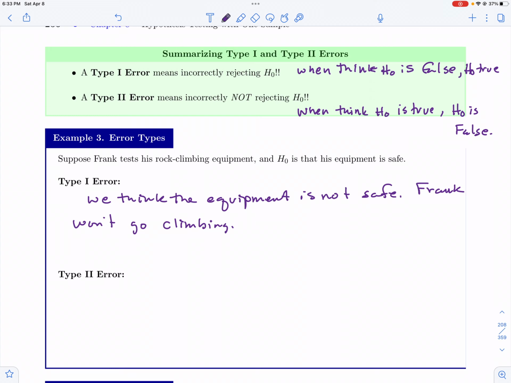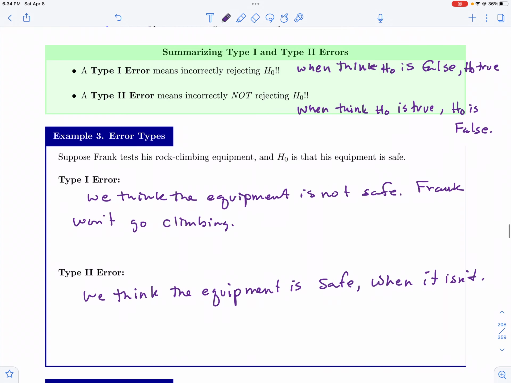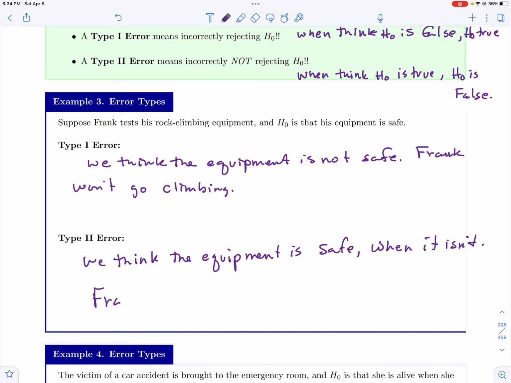Now a type 2 error is a little bit worse of a situation, because now there's something actually wrong with the equipment, but we think that the equipment is safe when it's actually not. And so Frank goes rock climbing and may not survive, or is definitely probably going to get hurt.